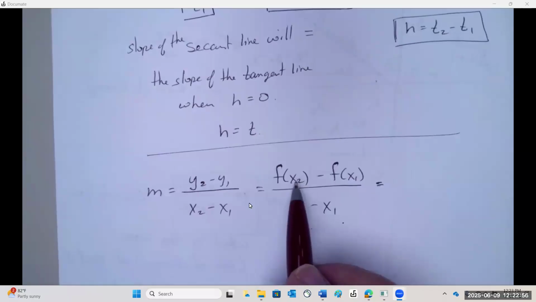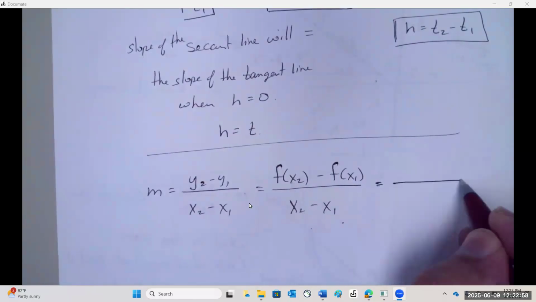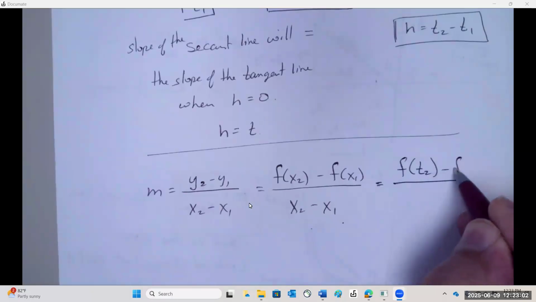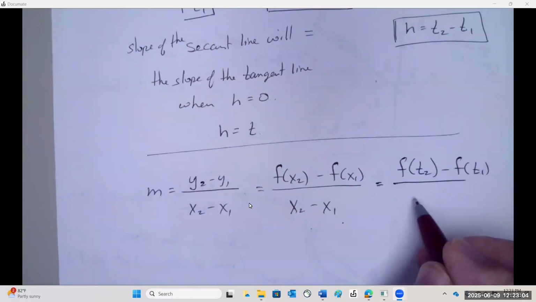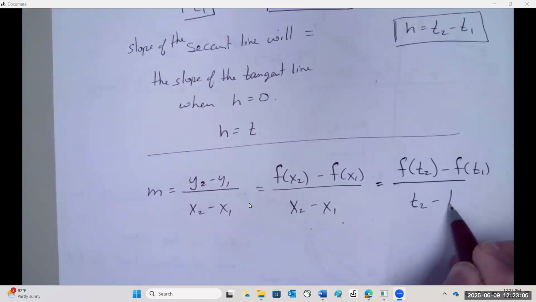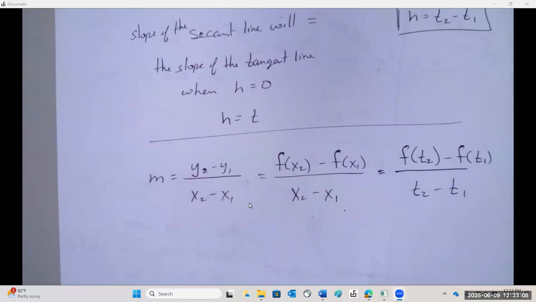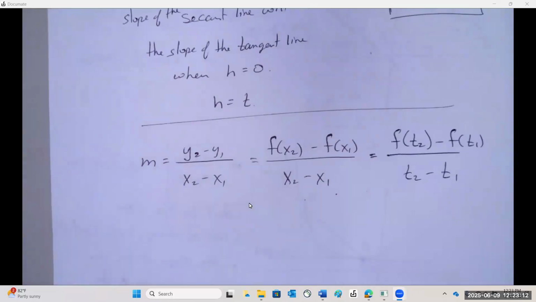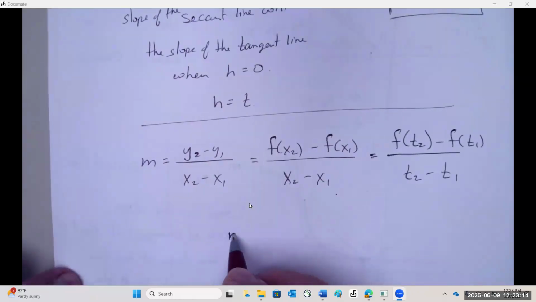Well, instead of x, we use time. So we have f of t2 minus f of t1 over t2 minus t1. So far, so good? We're just using the same slope formula.